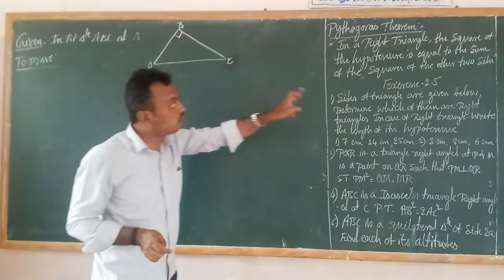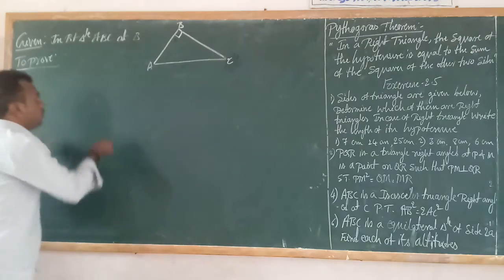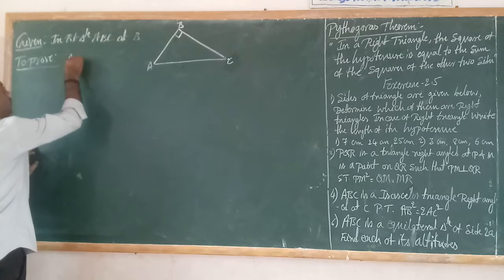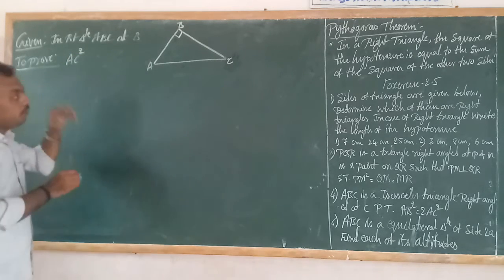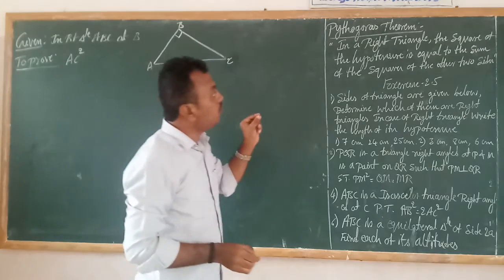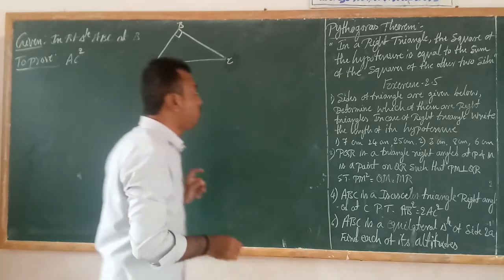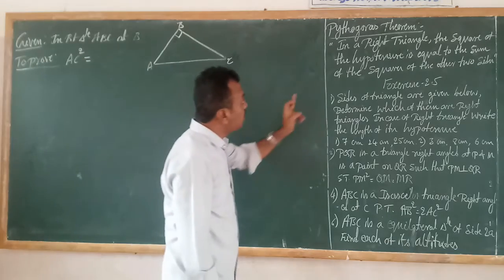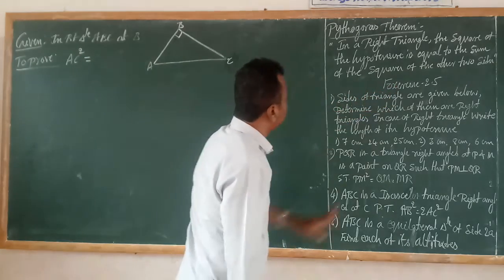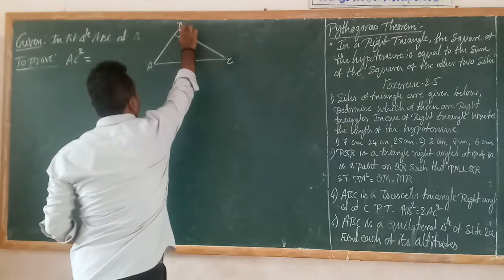What do we have to do? Square of the hypotenuse. AC is the hypotenuse, so its square is AC square. This is equal to the sum of the squares of the other two sides. What are the other two sides? AB and BC.